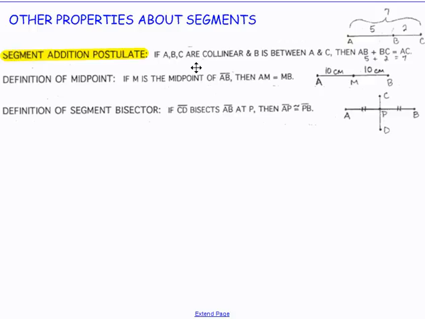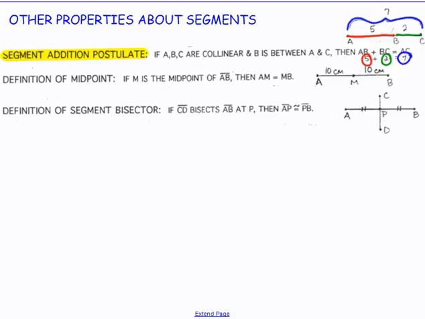The segment addition postulate simply says that when we add this chunk of a segment to this chunk of the segment, we get the whole thing. So we added 5 plus 2 to get 7.